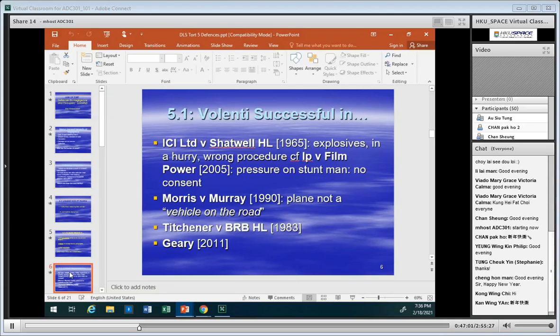So let's have a look first of all, by way of revision, at ICI and Shotwell on page 121 of the course manual. And remember, it was the hungry explosives worker. The plaintiff and his brother were employed by the defendant to work in the defendant's quarry.